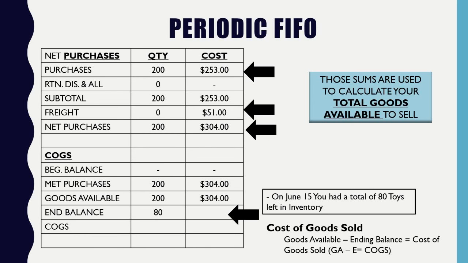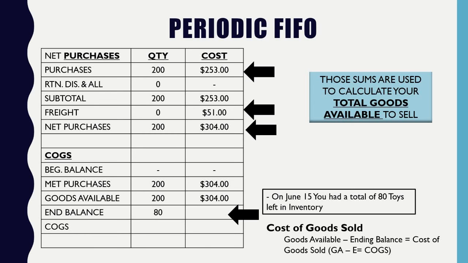So once you've got that, then you're going to add your freight, because freight is not a quantity. Freight is an additional separate cost. So it's going to cost me an additional $51, bringing my total net purchases to be 200 items at a total of 304. So again, this is where we're going to practice using cell references when we do our inventory worksheet.